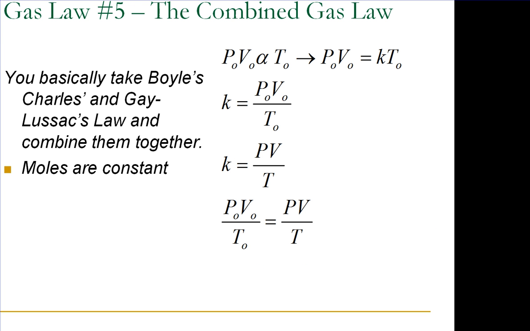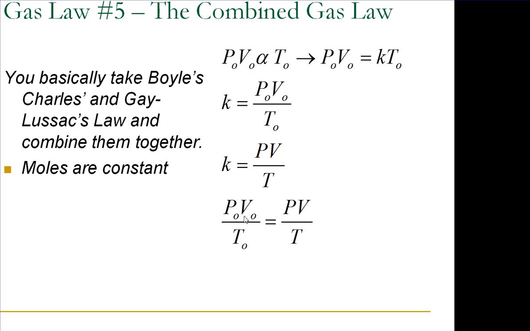Now, when we combine all this, we basically get the ideal gas law. You just put them all together. The number of moles is a constant. So P naught V naught is equal to K T naught. Solving for K, this constant is P naught V naught over T naught.